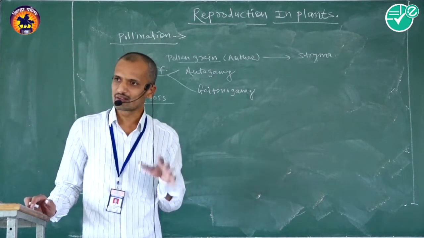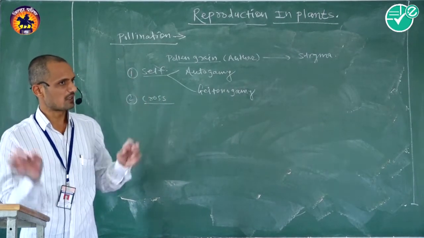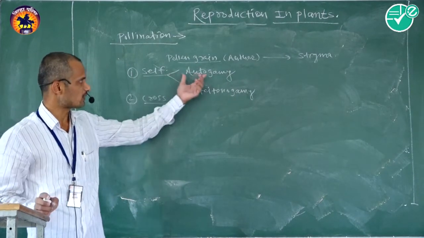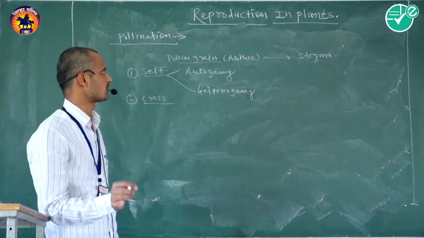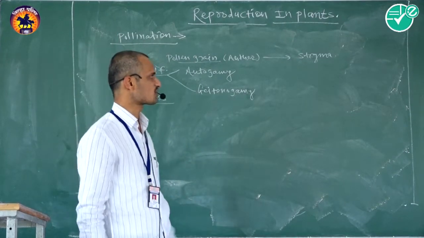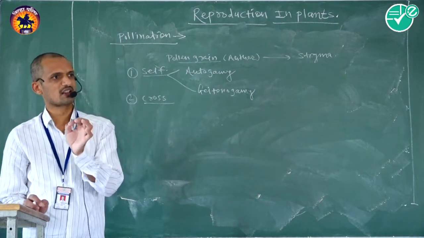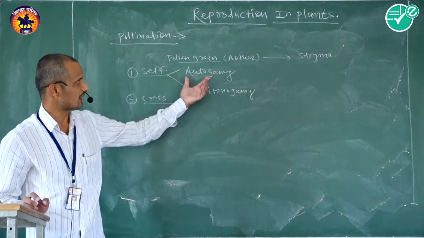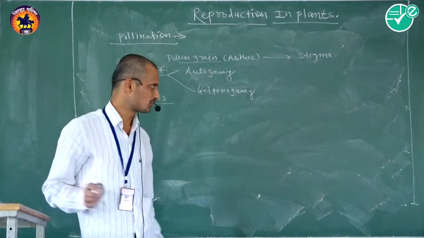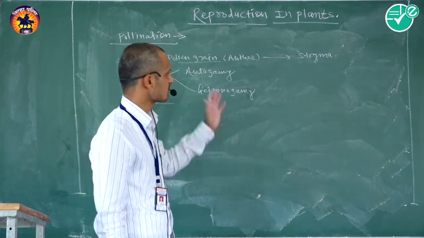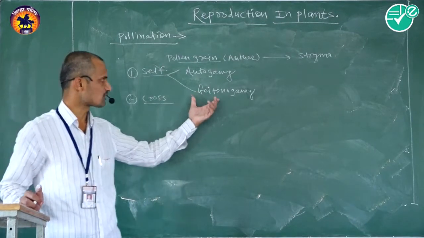In these flowers, self-pollination is obligatory, that is, autogamy is compulsory: transfer of pollen grain from the anther to the stigma of the same flower on a single plant body is called autogamous pollination, and the phenomenon is known as autogamy. An example of autogamy is groundnut.